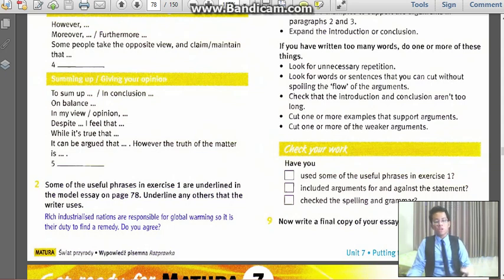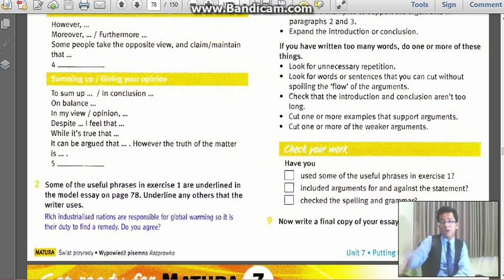So you can see that the exercise above, the board, has a lot of phrases that you can use in your essay writing for and against. But here's the thing, there are some phrases that the writer had already used in the example essay on page number 78, and there are more that the book didn't underline.